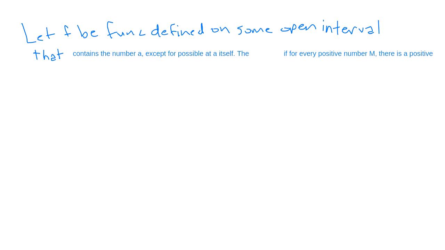So let me go ahead and draw this back in. That way you can see exactly what we're talking about. So we have such that if our distance, x minus a, is in between 0 and delta, then our function is going to be greater than that m.